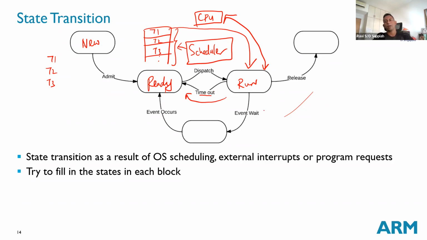The other state that I can go to is what we call the block state or wait state. Some references may call it block, some may call it wait, but the idea is the same. When I say block state, this is important. What do you mean by block?